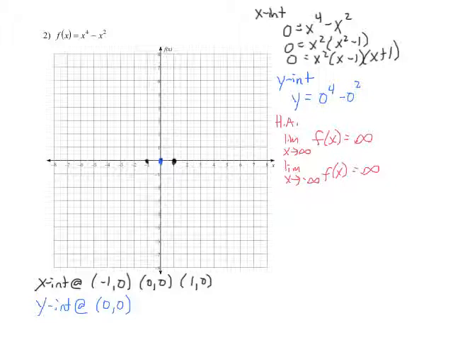So no horizontal asymptotes. I'm just going to write no HA. And then we will check for vertical asymptotes. A polynomial is continuous everywhere, so there are no points of discontinuity. So there are no vertical asymptotes.